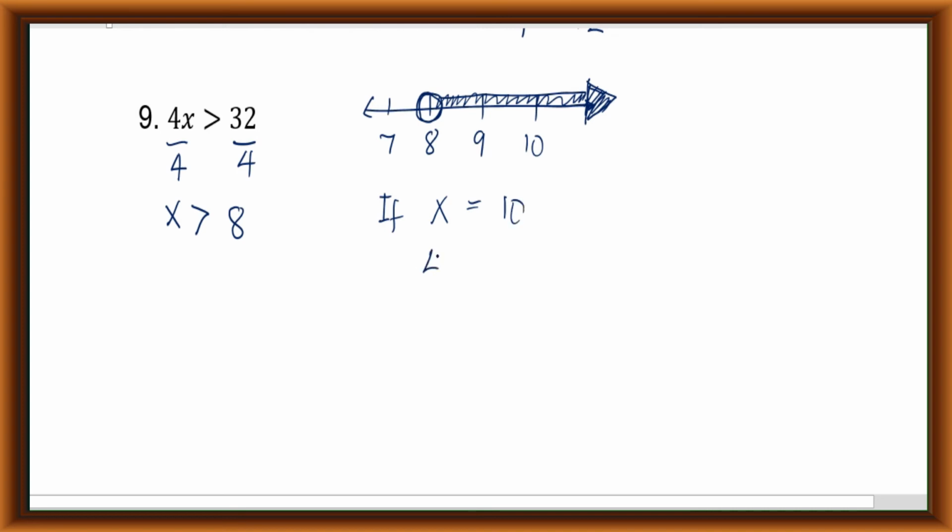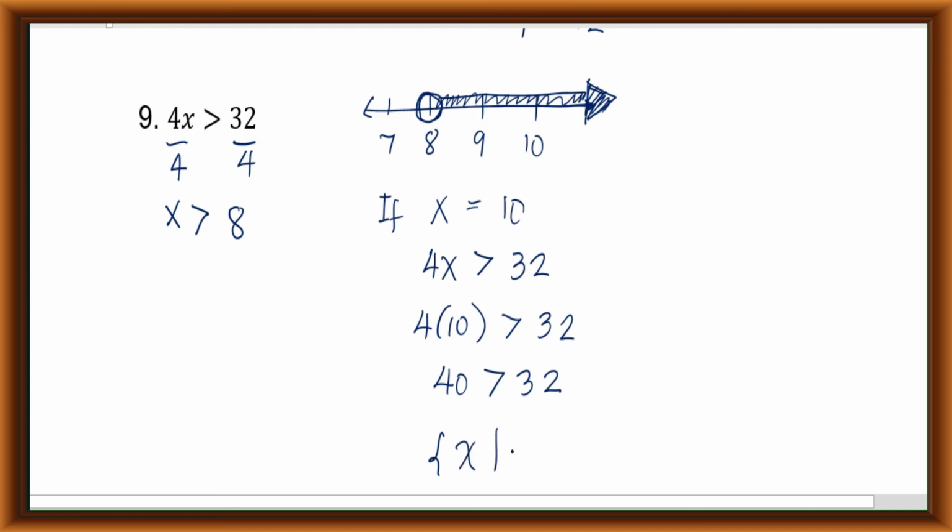So if I have 4x greater than 32, I have here 4 times 10, is it greater than 32? So clearly, 40 is greater than 32. So our answer in interval notation as the solution set is x such that x is greater than 8.